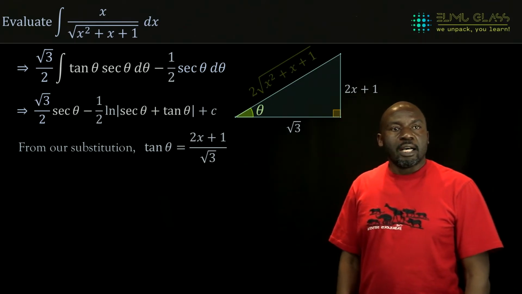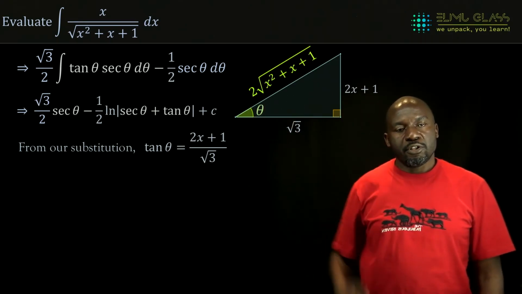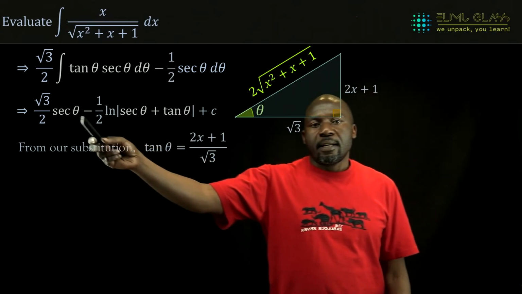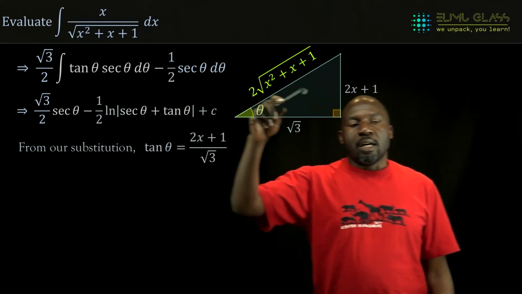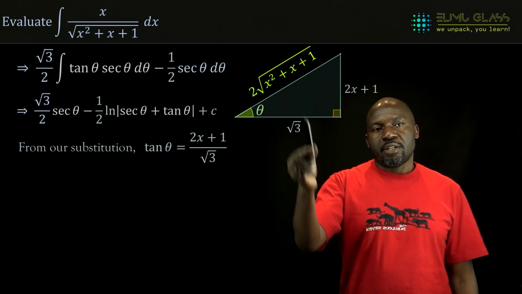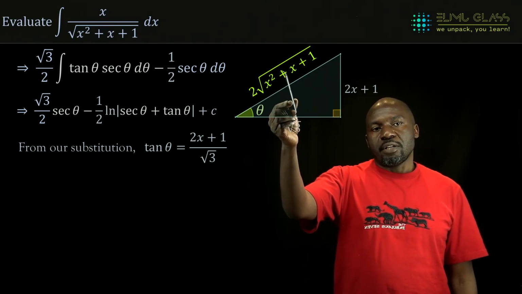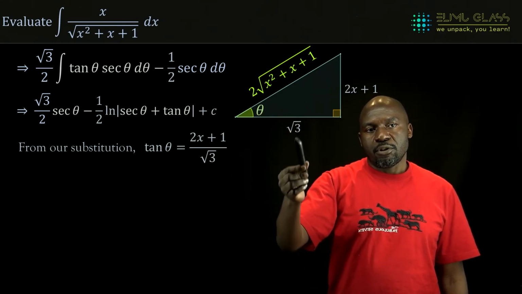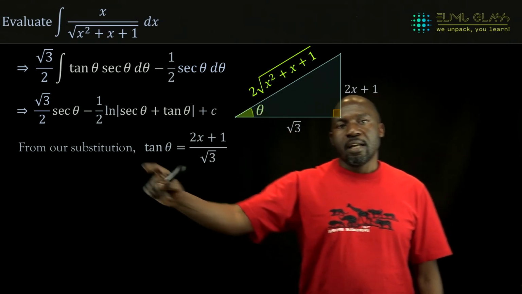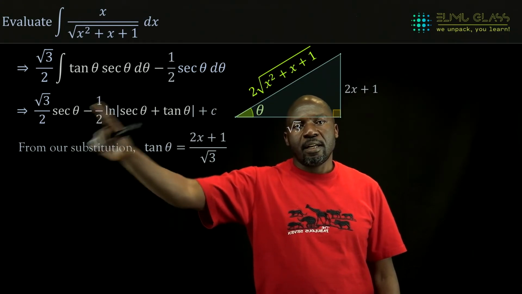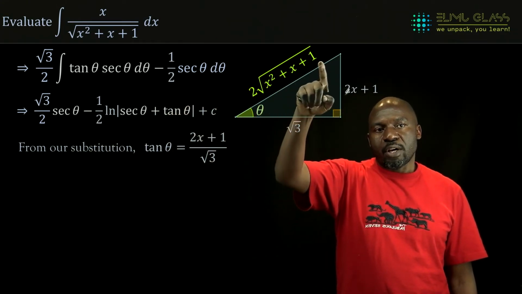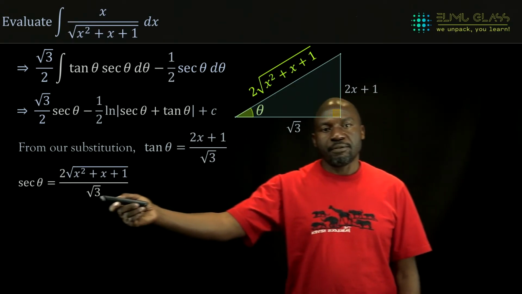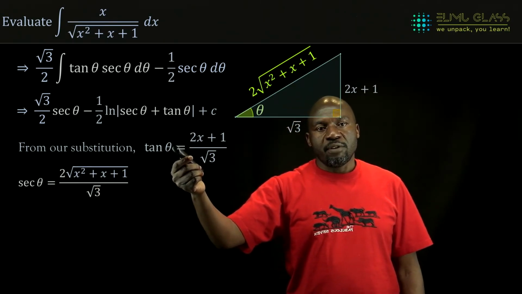And so the hypotenuse must be given by that. Now sec is 1 over cos. Cosine is adjacent over hypotenuse, so the reciprocal of that, which is sec, must be hypotenuse over adjacent. So we can replace sec there with 2 square root of that over 3. So this must be the value of sec, and already we know the value of tan.